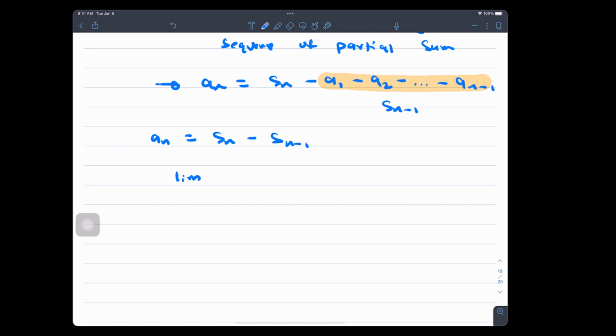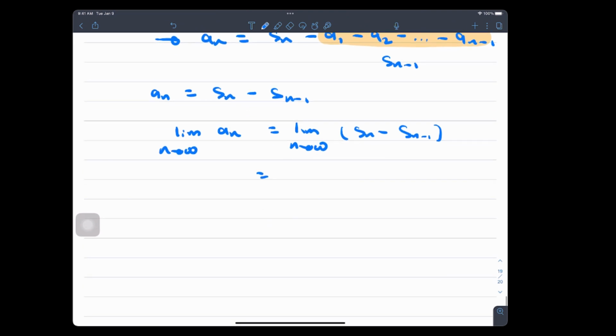Now, if we take the limit of both sides, on the right side, I get the limit of a difference: the limit as n goes to infinity of Sn minus the limit as n goes to infinity of Sn minus 1. I know that this is S, and I know that this is S. Why? Because the original series converges.